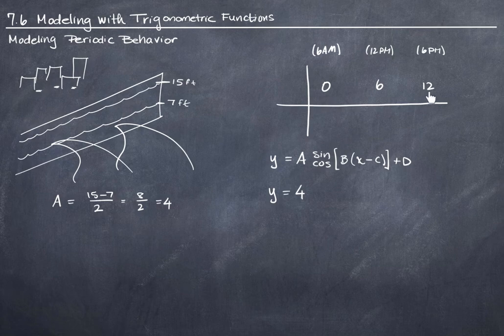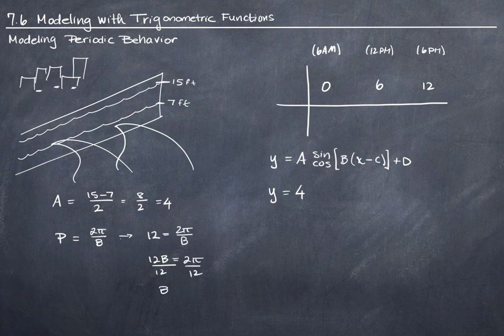We know that the period is 12. So since my formula for period is P equals 2 pi over B, and I'm looking for B, in this case I happen to know that period is 12, so I have 12 equals 2 pi over B. When I solve that, I get 12B equals 2 pi, and I divide both sides by 12.